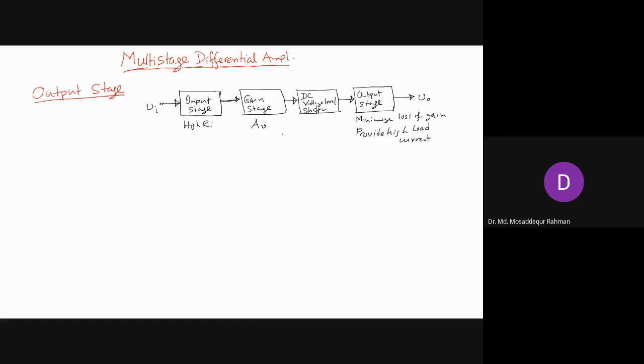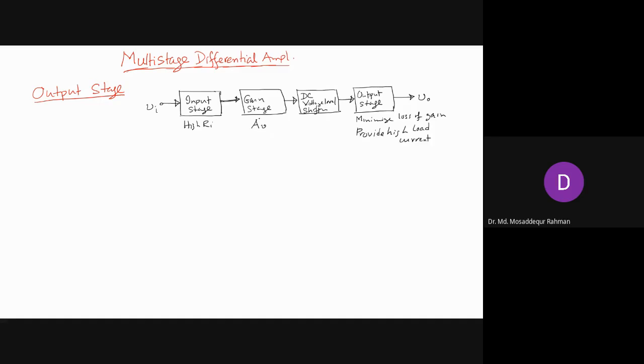In the different stages before, the main function is to provide high voltage gain, keeping the current as low as possible. Then at the output stage, provide the current that is necessary for the load.